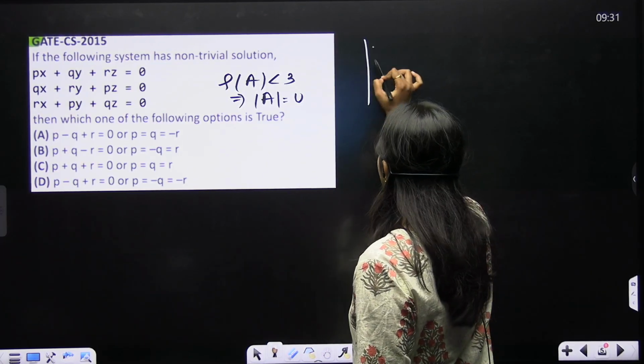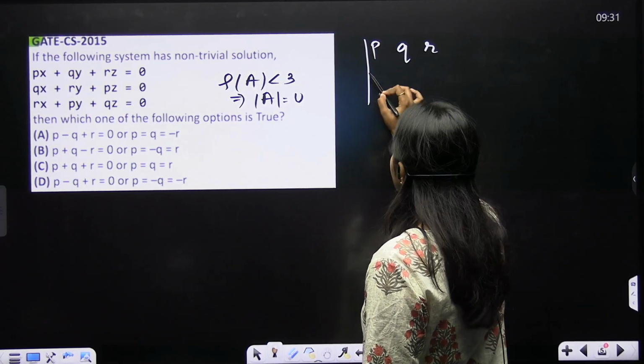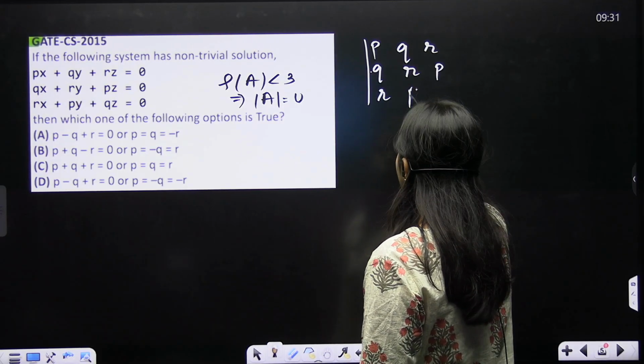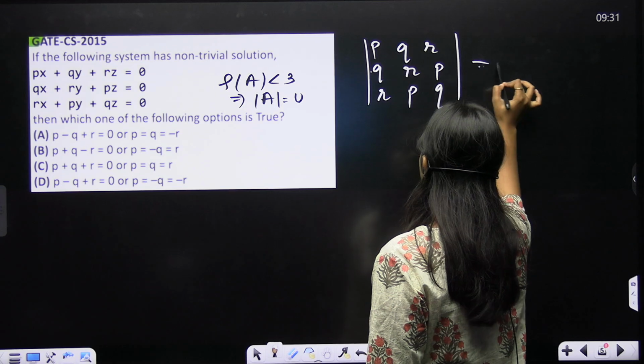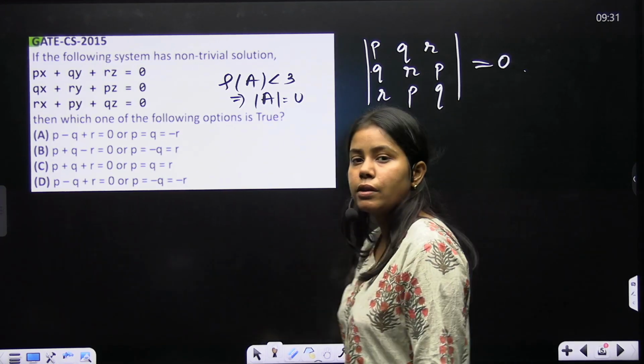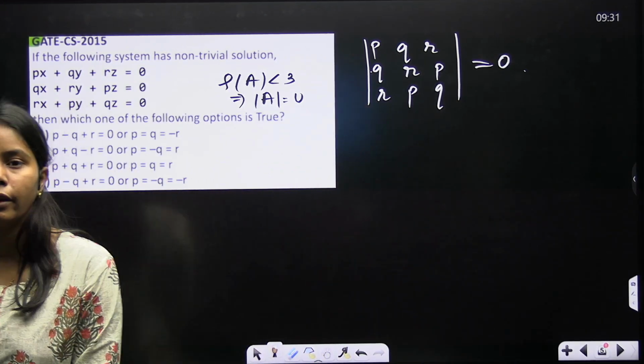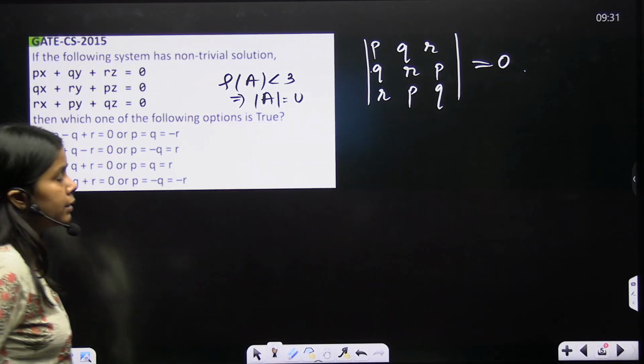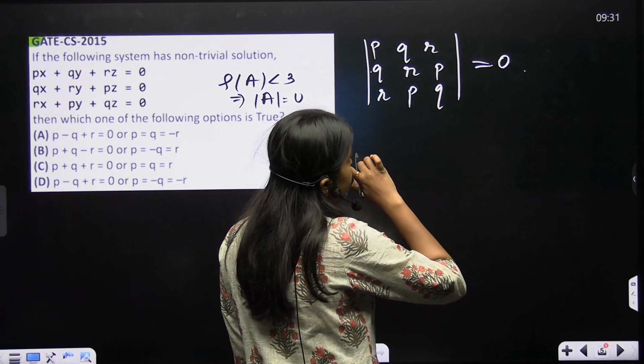So I'll write down P, Q, R; Q, R, P; and R, P, Q. I'm going to equate it with 0 because my system has a non-trivial solution, infinitely many solutions, so determinant of A would be 0 here. So how do I solve this?